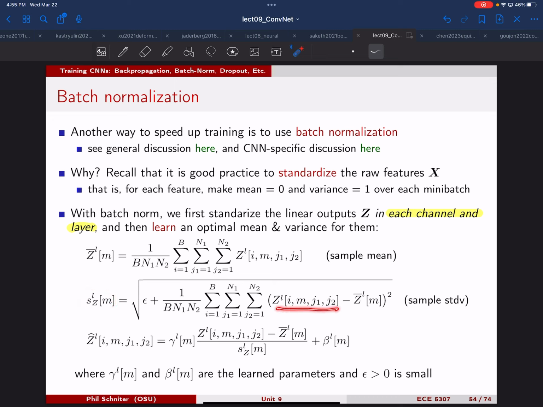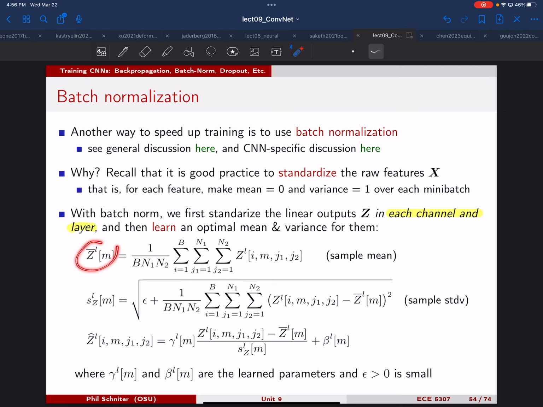You just take z minus its sample mean, then you square the results, and once again, you average it over the batch and the pixels. And here, just to make sure that this doesn't get too small, we're going to add a small number epsilon, so that even if this for some reason goes to 0, it won't go to 0, it will be lower bounded by epsilon.